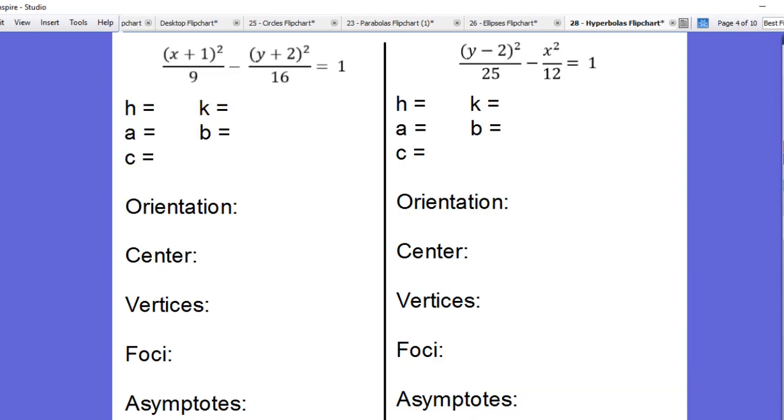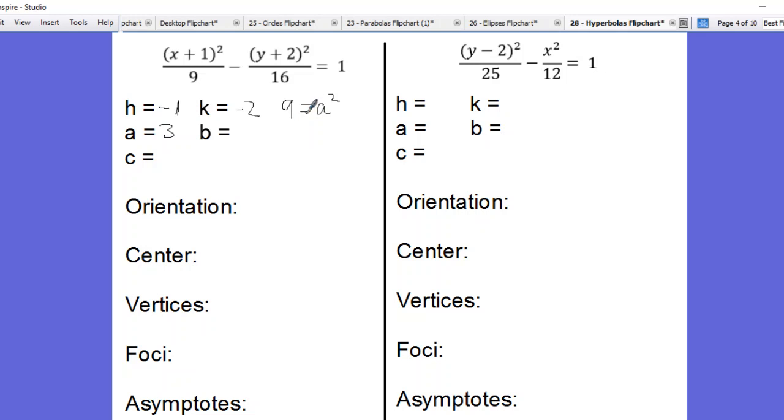Let's draw this out. Let's look at h here. h is actually going to be -1 because that's x minus h. This would be x minus -1, which is x plus 1. k would be -2. If 9 is equal to a squared, because a squared is always the positive term, then 3 is equal to a.